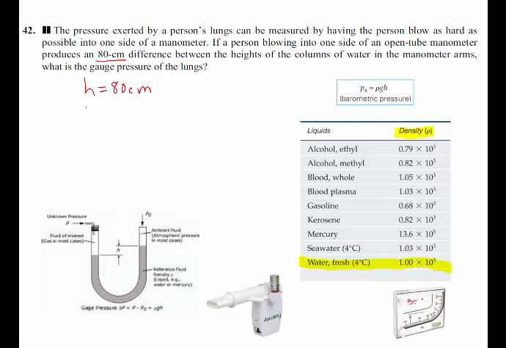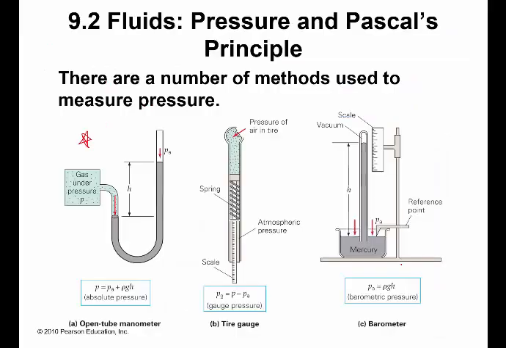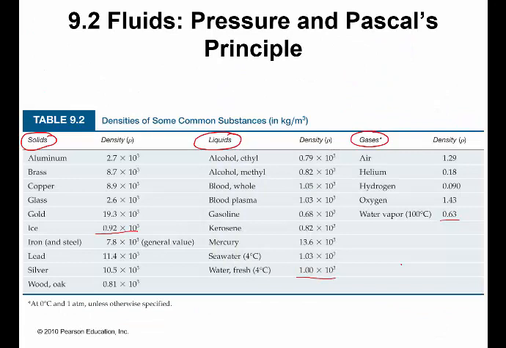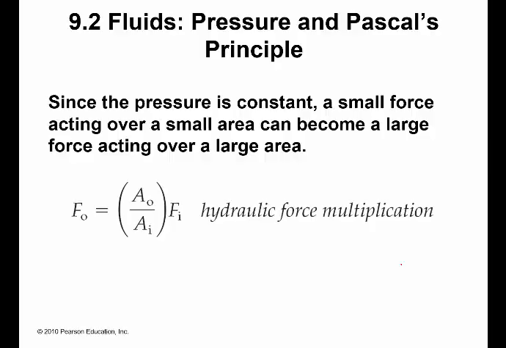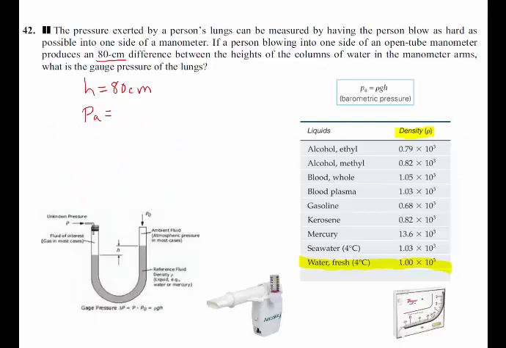Gauge pressure is going to be our measurement here. We're going to measure this pressure, which is going to be the density of water. So here's our density of water, in kilograms per cubic meter. That's important, because we have to worry about our units here.